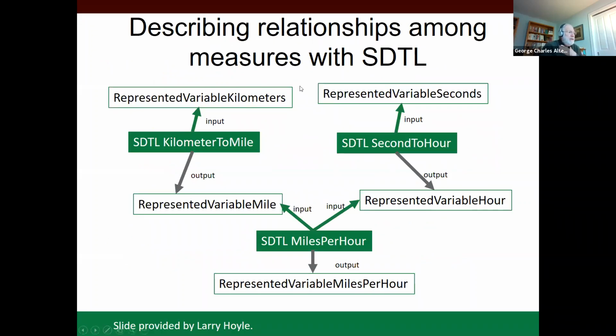So if you've got a workflow where you start out with measures, a measure of distance in kilometers and a measure of time in seconds, and you want to end up with miles per hour, well, you can use a little snippet of SDTL to describe how you go from kilometers to miles, and how you go from seconds to hours, and then how you go from miles and hours into miles per hour. Because SDTL can, as we saw in the compute command, can do that.